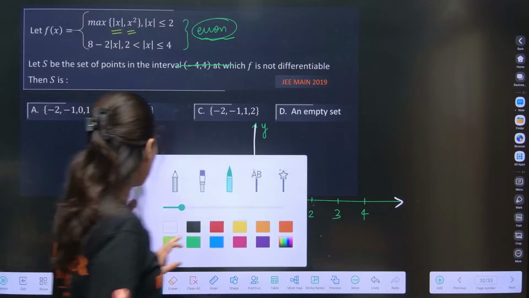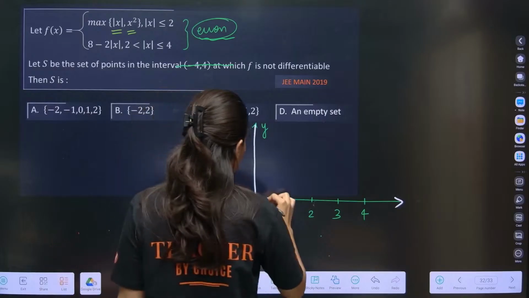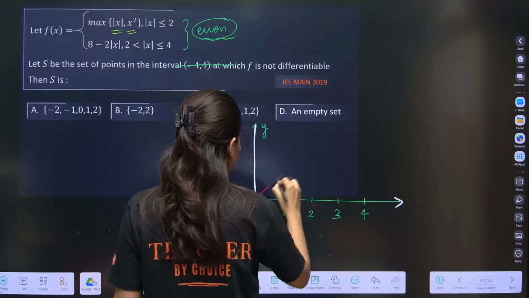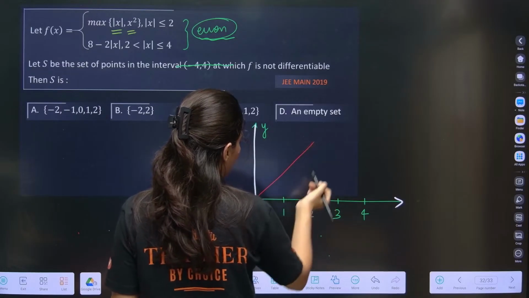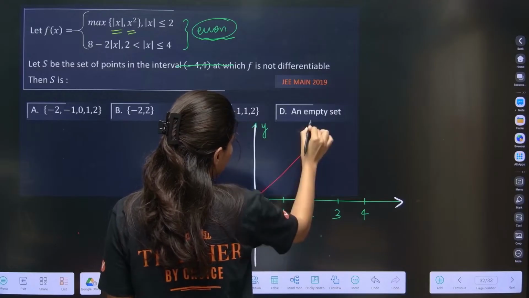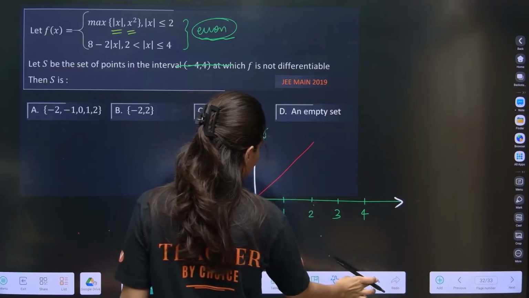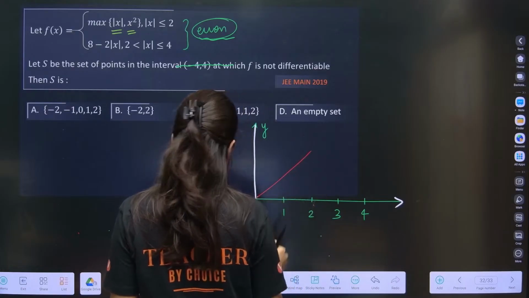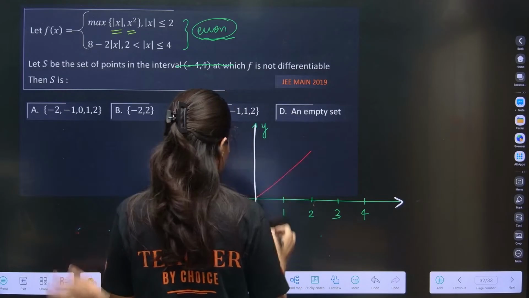You need to plot both the curves. Mod x is actually x, so this is your x. And what about x square? At x equals 2, you are going to get 4. So your graph will look like this.